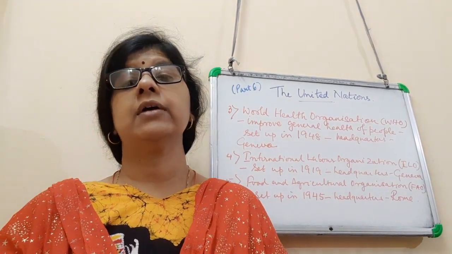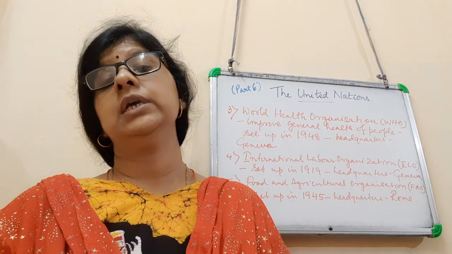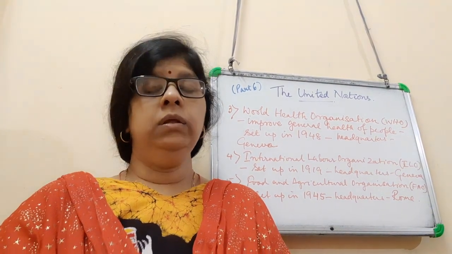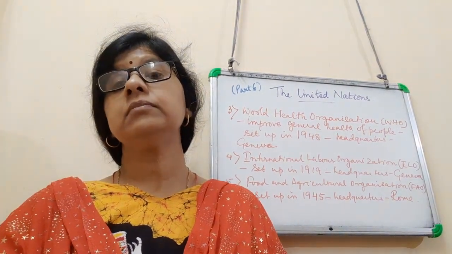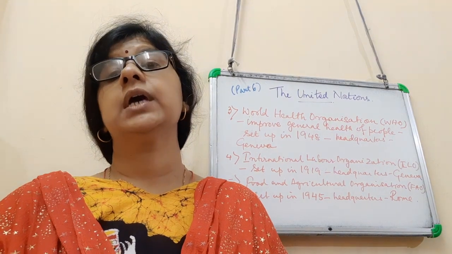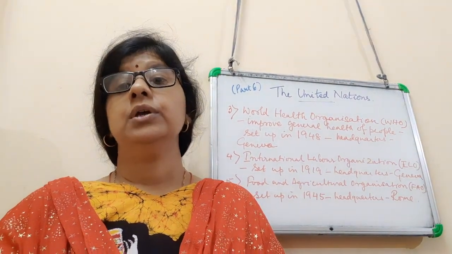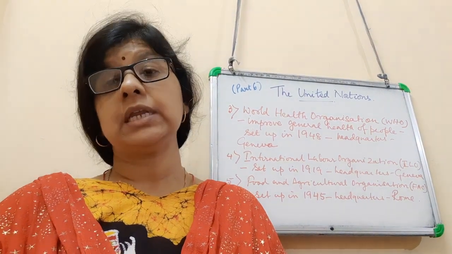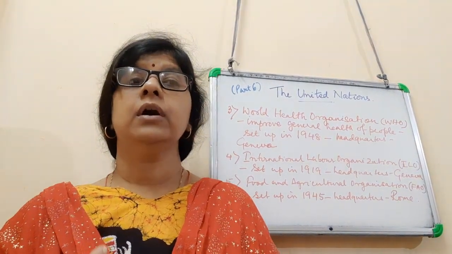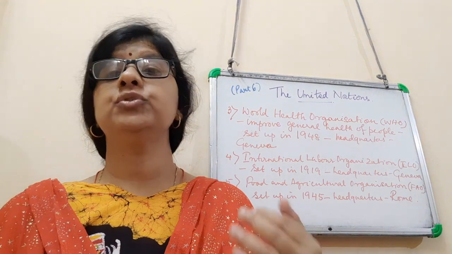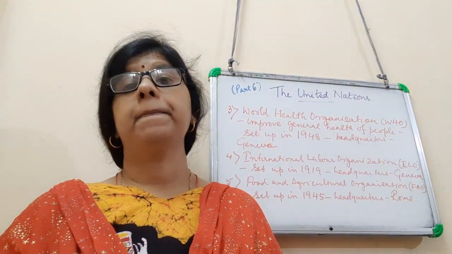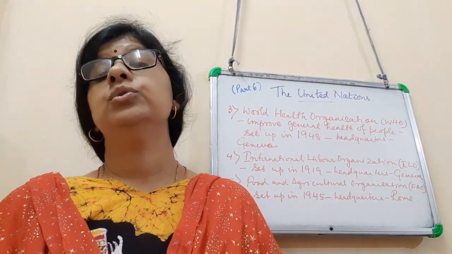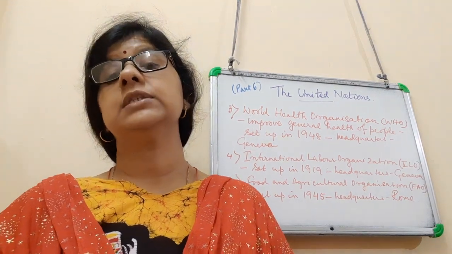The last day we did 2 agencies, that is UNICEF, United Nations Children's Fund, and UNESCO. United Nations Children's Fund was set up with the main aim of providing food, shelter, and healthcare to those children affected in the Second World War.